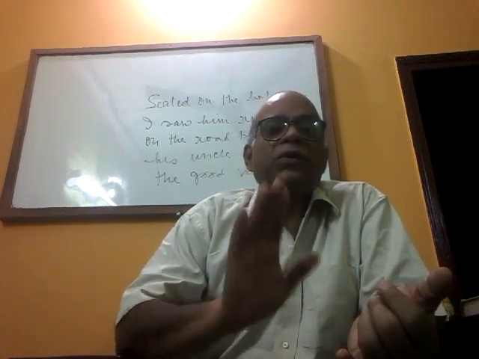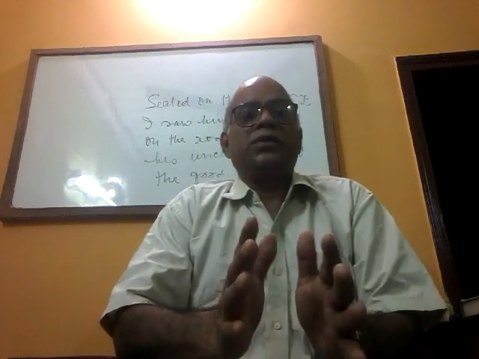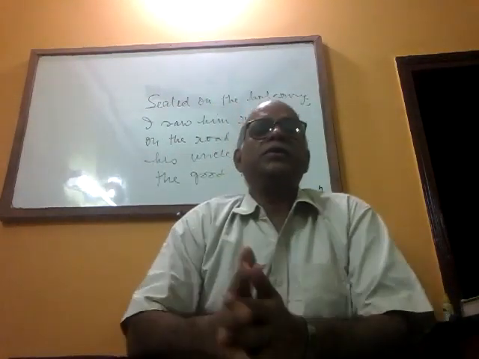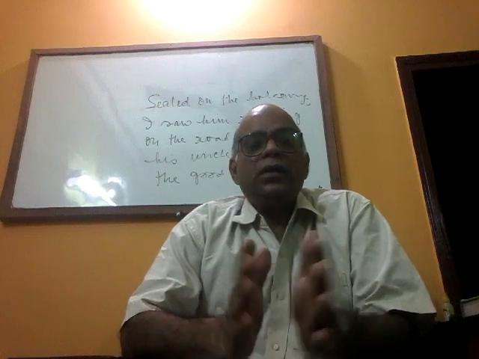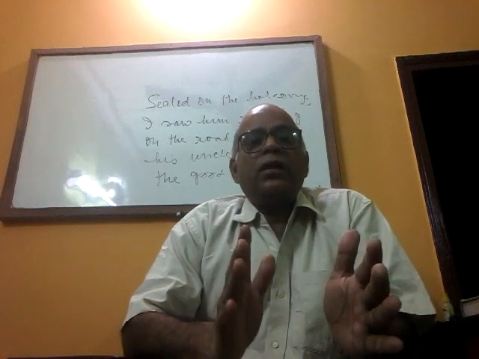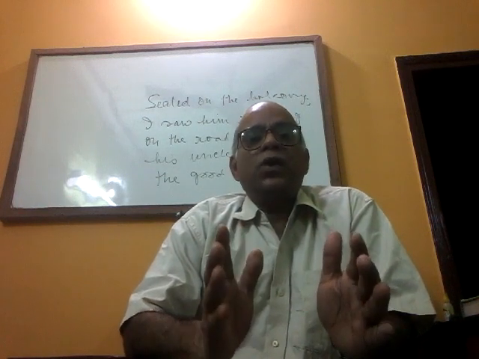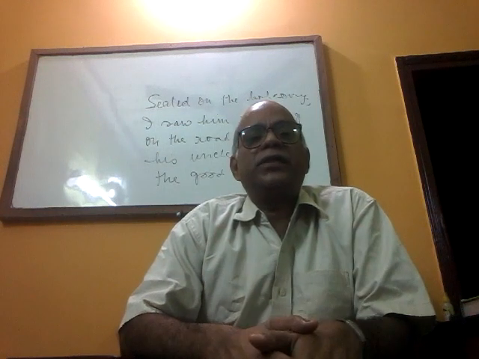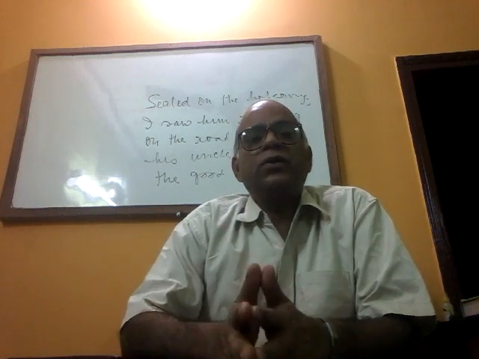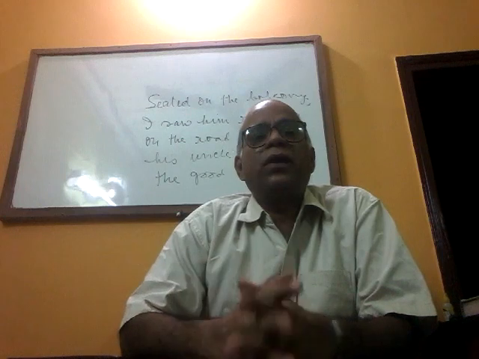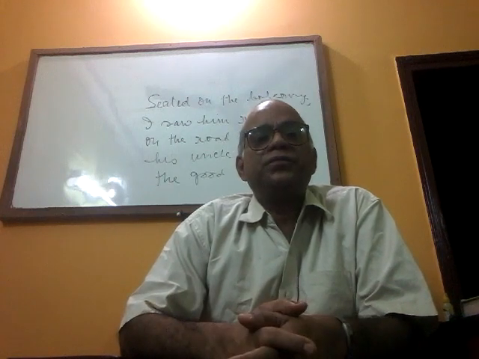Okay. No, before that let me tell you something about the divisions. Now sometimes you will see that there is a clause, the clause which itself can make an independent sentence. But there are certain clauses which they themselves cannot make an independent sentence.